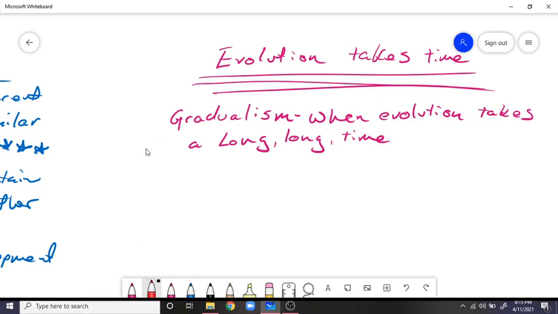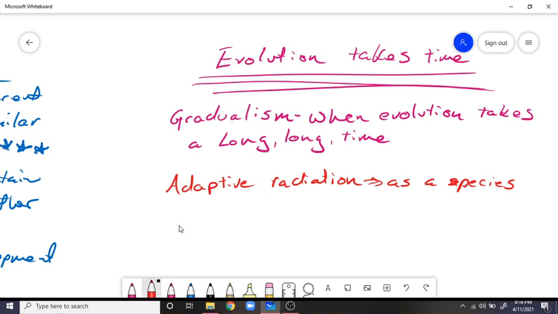Another method of evolution is called adaptive radiation. Adaptive radiation occurs as a species moves into a new location.